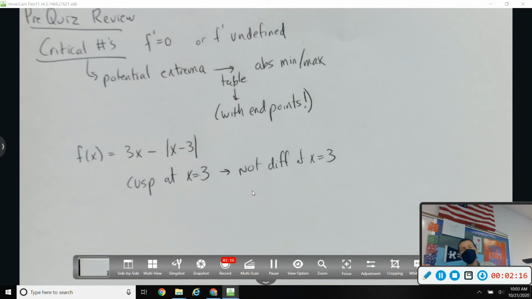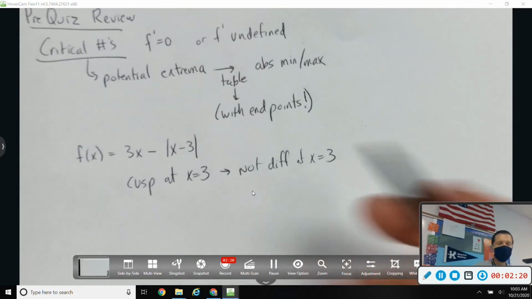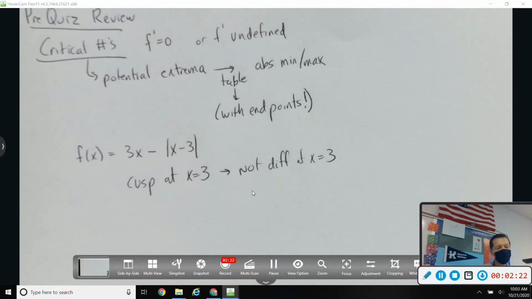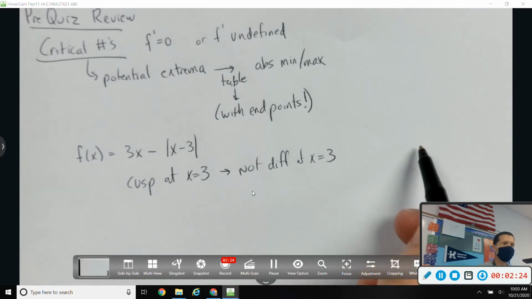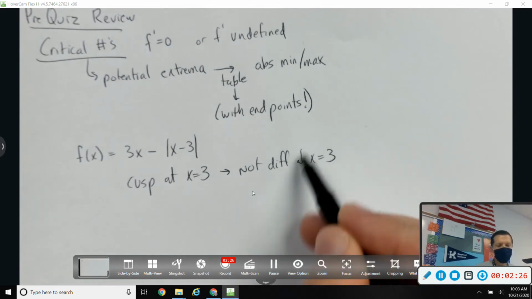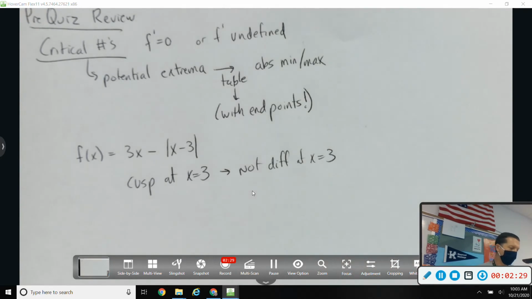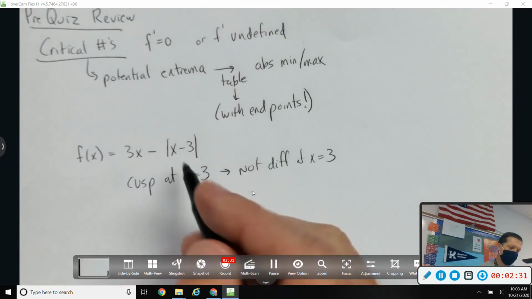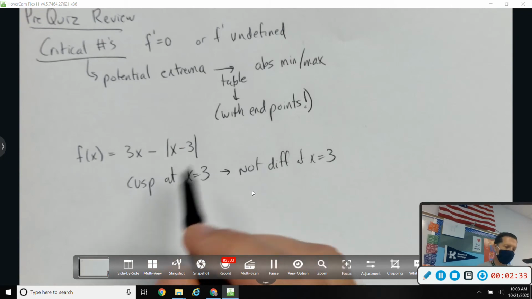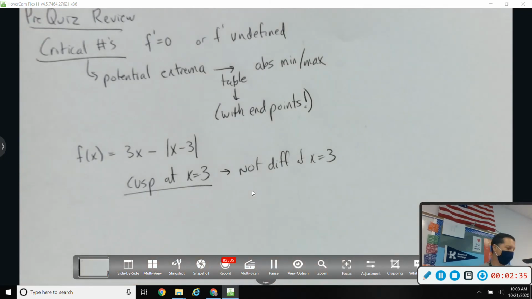Which might mean you can't use the MVT, the mean value theorem, depending on what the interval is. So be careful. If the interval was from 5 to 10, you'd be okay. But if the interval included 3, you couldn't use mean value theorem. And again, no idea what that looks like, but I do know there's a cusp at 3.